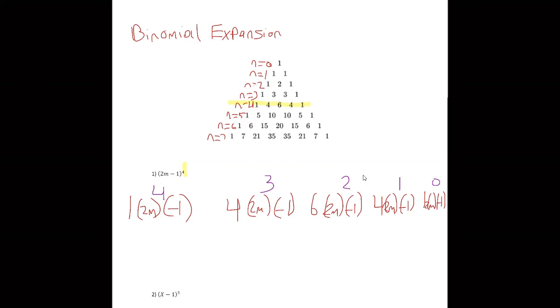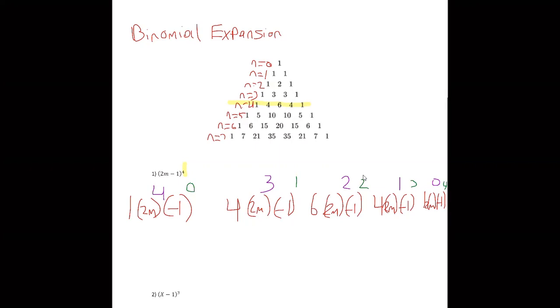And then the powers for your second parenthesis start at 0 and go up by 1 each time, all the way up to 4. You should see that your powers always add up to your original exponent, which in this problem would be 4. If it's not adding to what you started with, maybe you messed up or skipped a spot. But from here, we just need to clean this up.